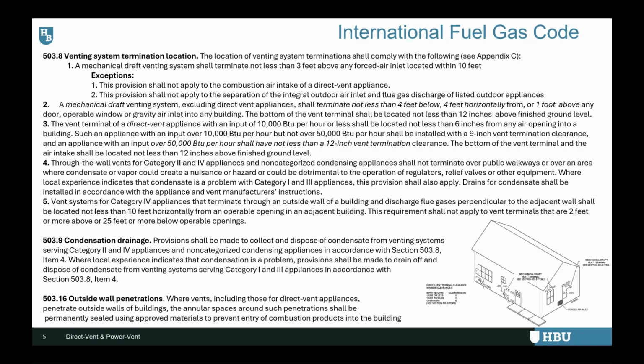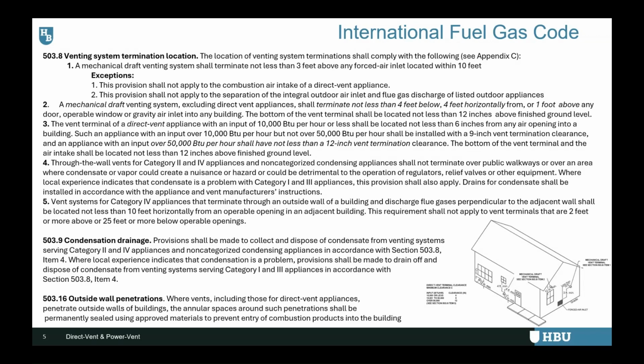Now, let's briefly look at 2 other important sections. Section 503.9, condensation drainage. This simply reinforces that we must collect and get rid of condensate from Category 2 and Category 4 appliances, and others if it's a local problem, following the rules we just mentioned in 503.8, Item 4. Section 503.16, outside wall penetrations.